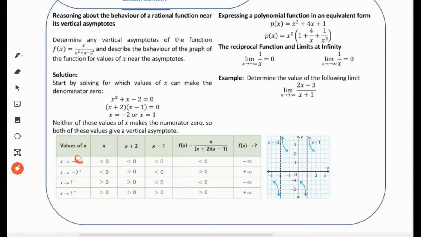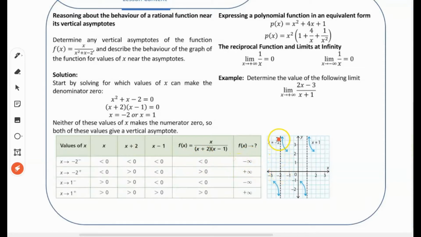I have to remember our limit notation here. As x approaches -2 from the left, is the function going to be positive or negative? We take a number a little bit smaller than -2, like -2.1. If -2.1 is x, you can check in your function, and you'll end up with a negative value. So that means it's approaching negative infinity.